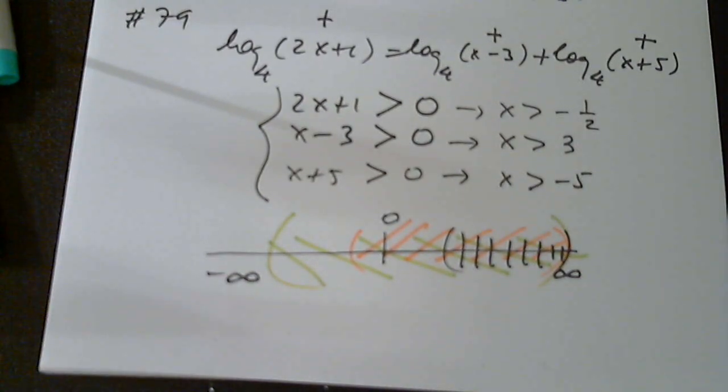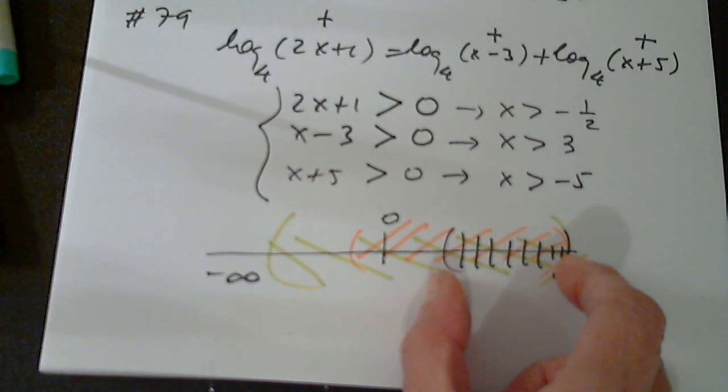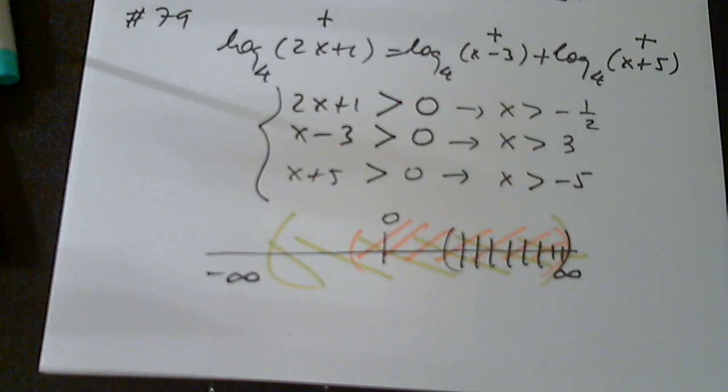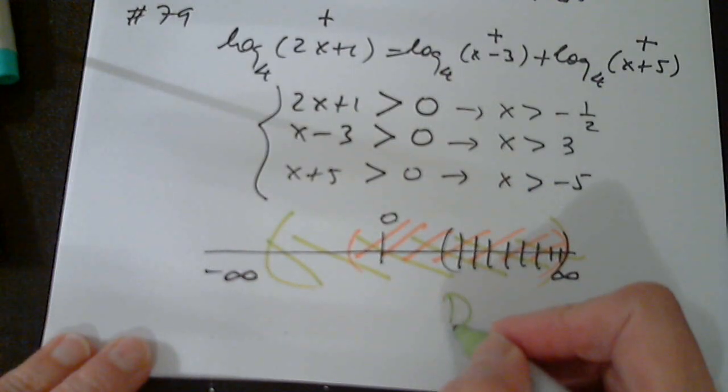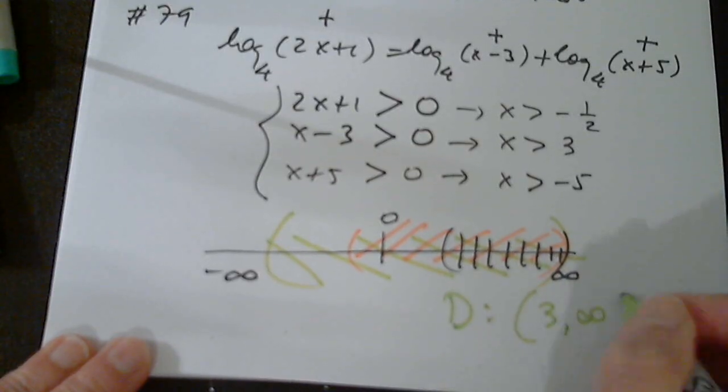Which territory has all 3 different colors? Because all 3 logs have to exist at the same time. The 3. Exactly. So the domain of this whole thing is 3 to infinity.